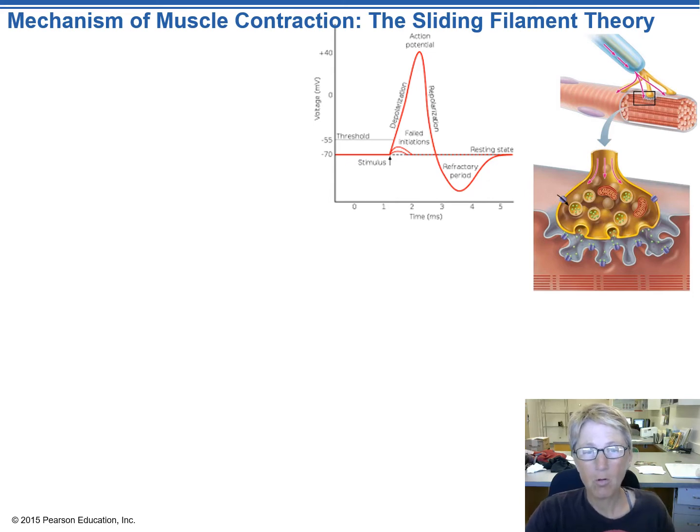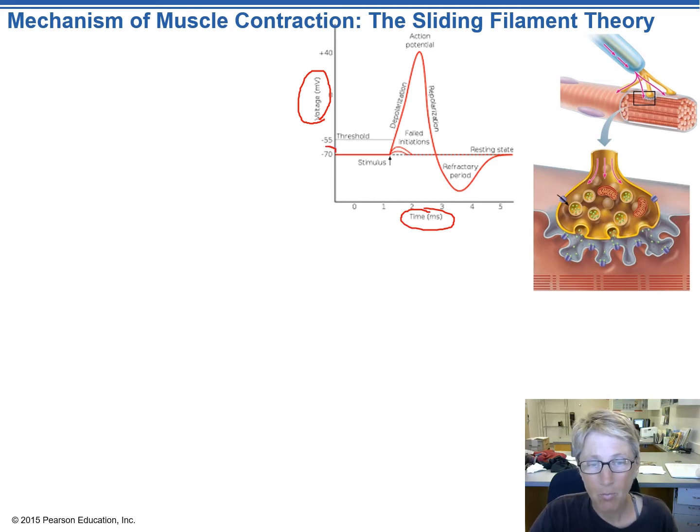In this cartoon, we've talked about this before. This is a graph of an action potential. Here's the voltage in millivolts, and here's the time in milliseconds. It starts off with a resting membrane potential of about -70 millivolts. Then you get a stimulus, maybe a graded potential with some sodium coming in via ligand-gated sodium channels.